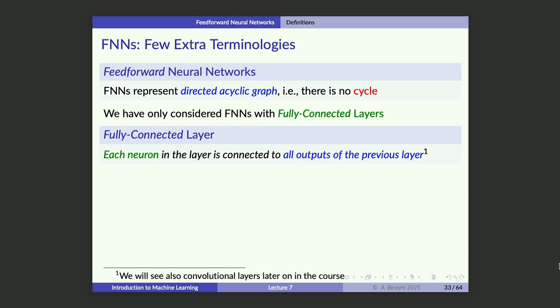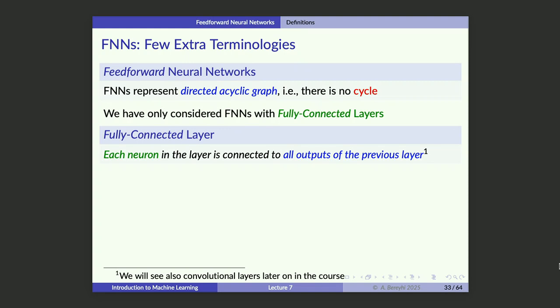So when I'm computing the output of any neuron in the first layer, it is connected to all possible x's, right? Correct? So you have all of the previous outputs as the input of every single neuron in the layer. This is fully connected.